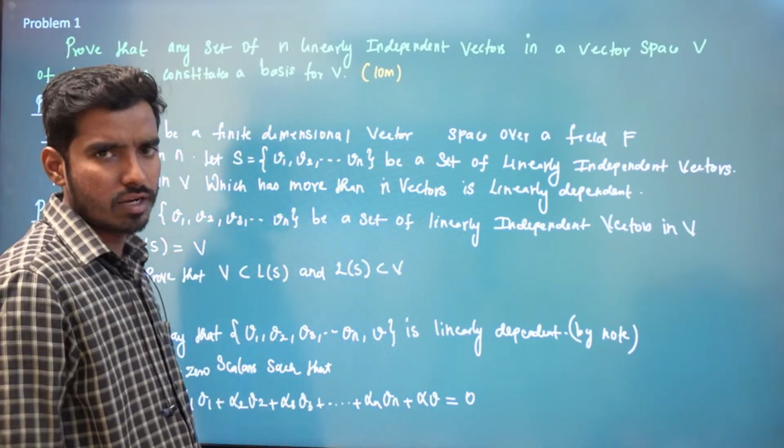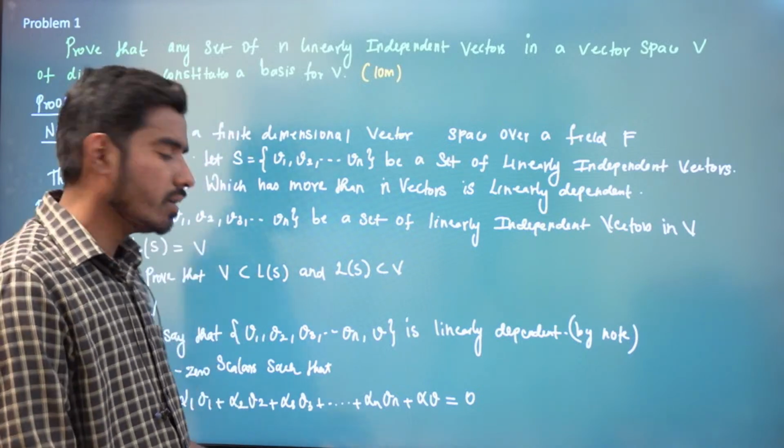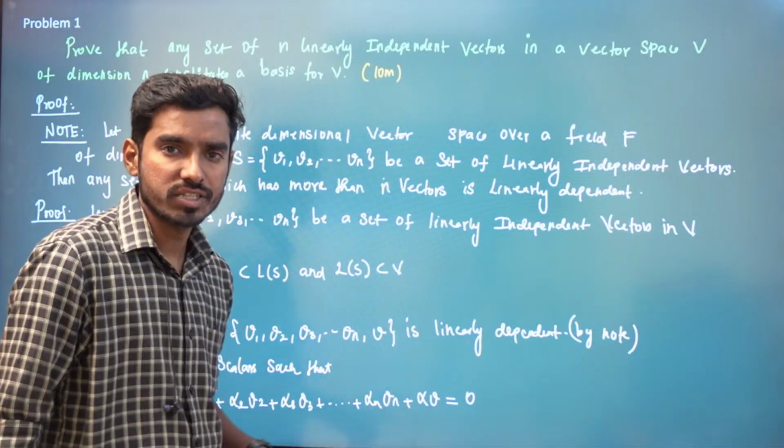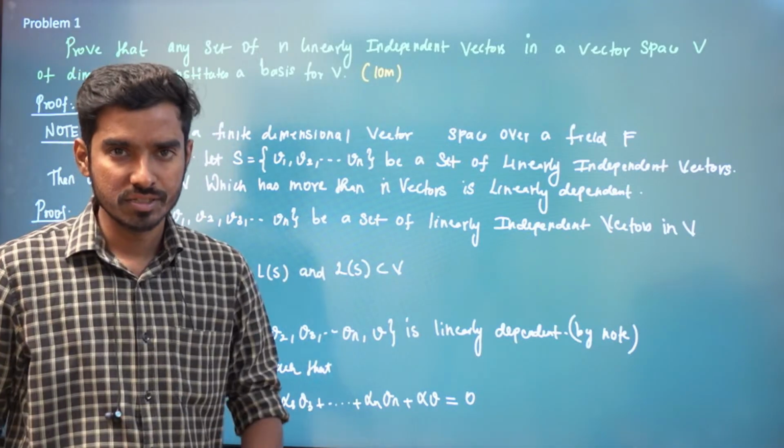Linearly independent means all scalars have to be 0. Linearly dependent means there exists at least one non-zero scalar such that this linear combination is 0, right?